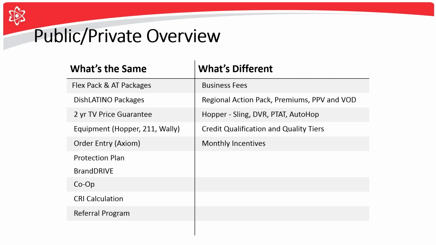Now with your equipment, even though you can use the same equipment, there'll be some features. For example, the Sling feature won't be available, so they won't be able to access Dish Anywhere. They also will not have access to the DVR, Primetime Anytime, or AutoHop. Those are features that are not available for public-private customers.